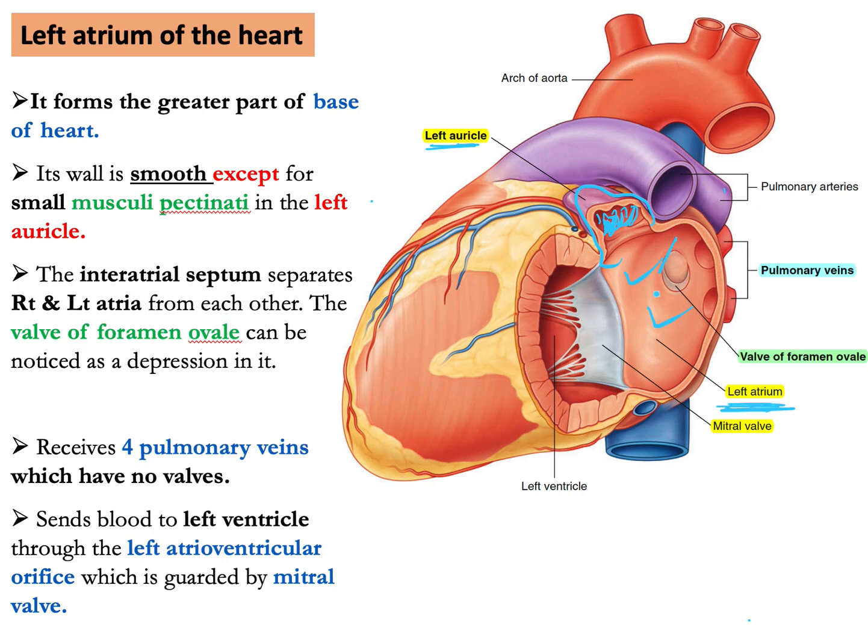Furthermore, this is the interatrial septum between the left atrium and the right atrium on the other side. And we mentioned in the previous couple of slides that this interatrial septum has a kind of fossa with an oval shape known as the fossa ovale. This one.